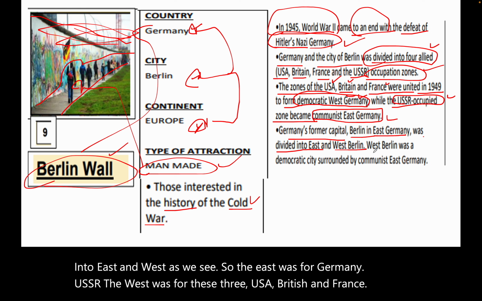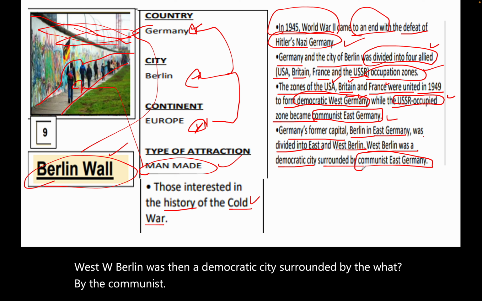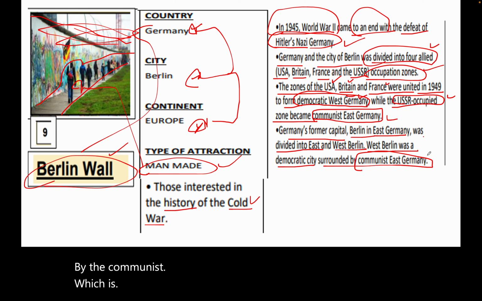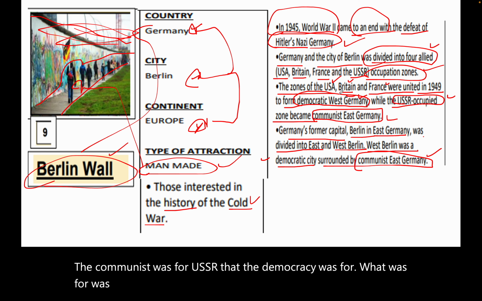West Berlin was then a democratic city surrounded by the communist East, which was for the USSR. The democracy was for these three that were divided.